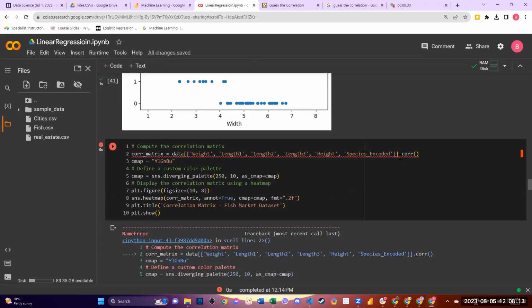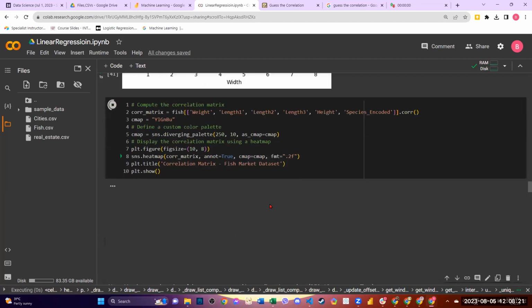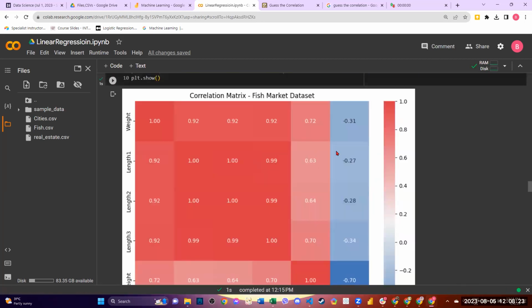Data is not defined, so we will just replace data with fish because that's what we did earlier. Okay, so this is our value.